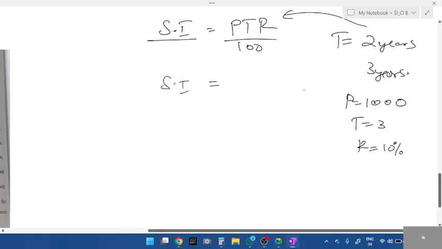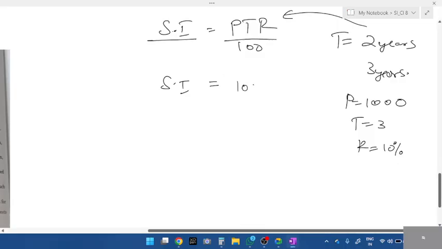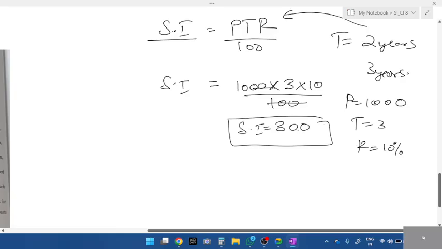Simple interest is equal to 1000 into 3 into 10 divided by 100. The zeros get cancelled. Simple interest is 300. That is the extra amount we get. This is how we used to calculate.